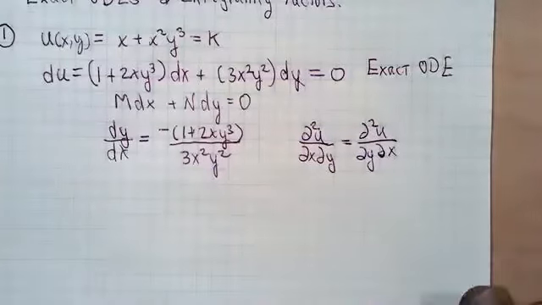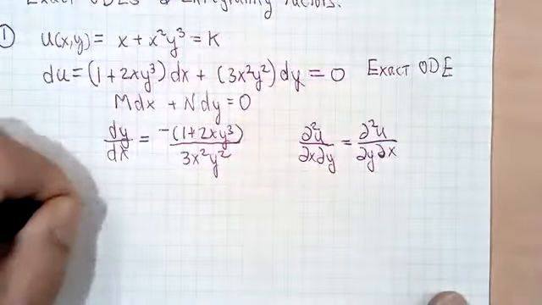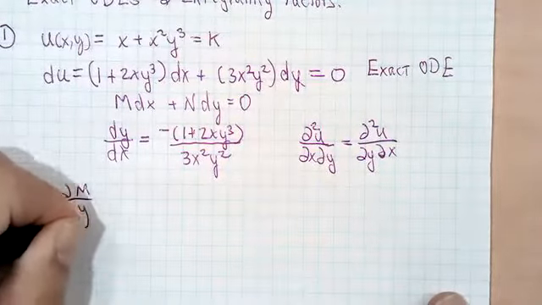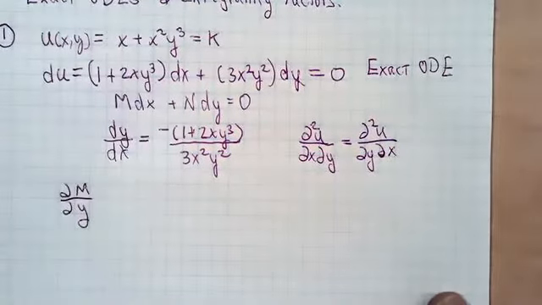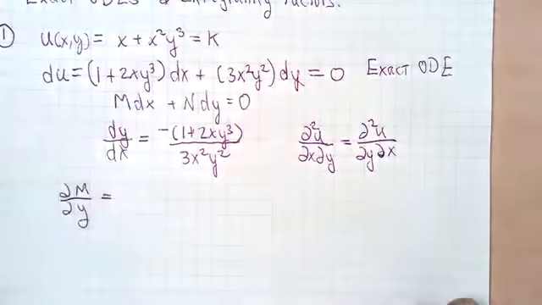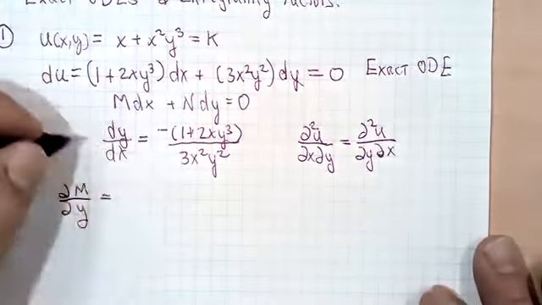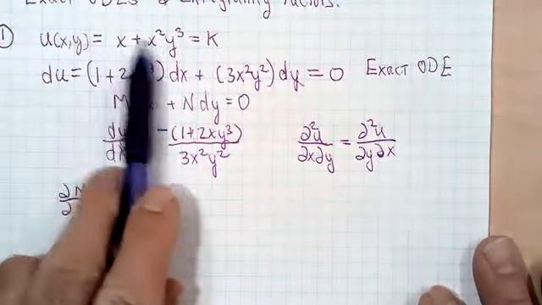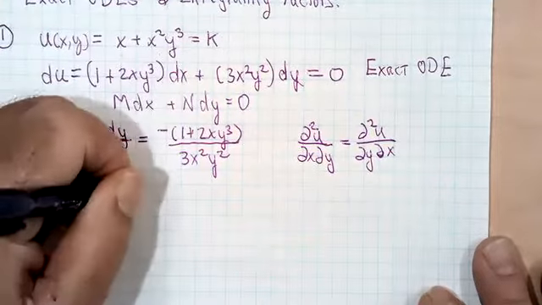So what you do is you take this M factor here and compute its partial derivative with respect to y. We've got its partial with respect to x. So if we take its partial with respect to y, that would be the second order mixed partial.